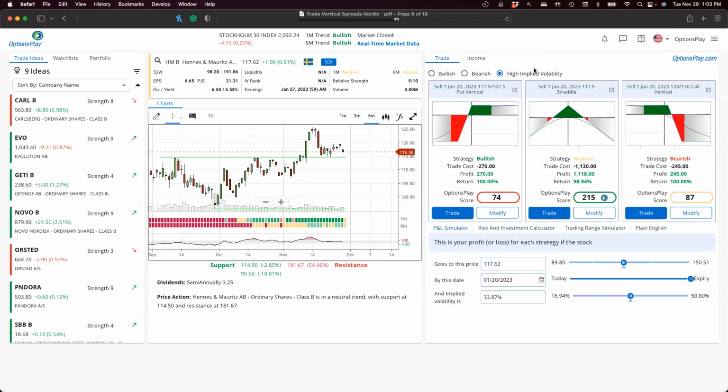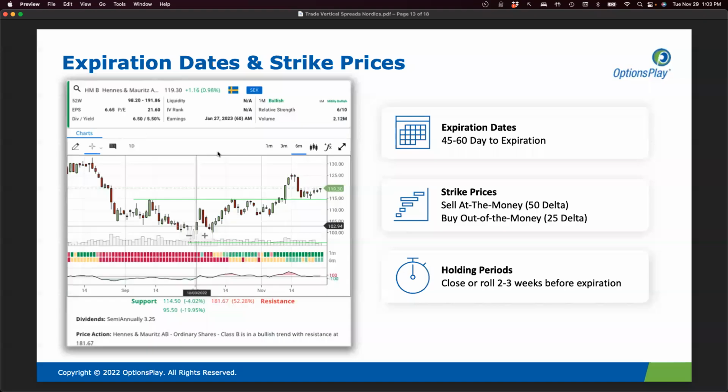And like I said, you have bullish, bearish, debit, and credit spreads that are instantly created for you using the options play platform. So hopefully, even if you feel that you're not confident in your ability to do this on your own after today's session, remember, that's why the platform is here for you, to help you do this work so that you don't have to necessarily construct these strategies manually.